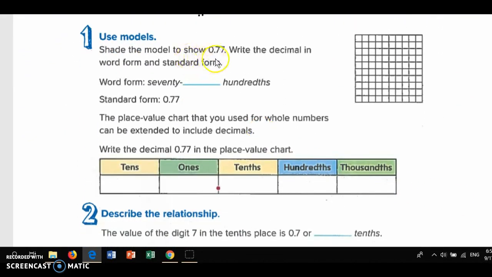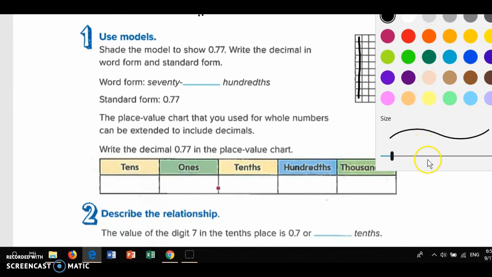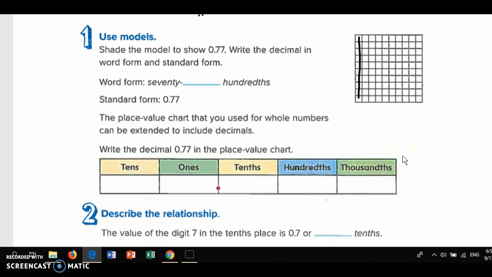Shade the model to show 0.77. So we have to shade, remember there is 10 in one column, so we have to shade 1. Let's make it bigger. 1, 2. How many must we shade?